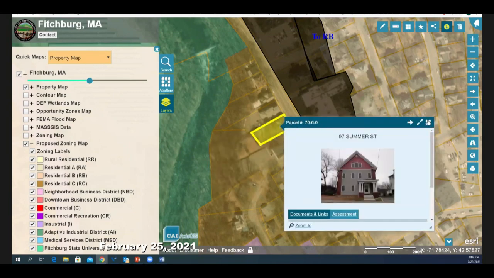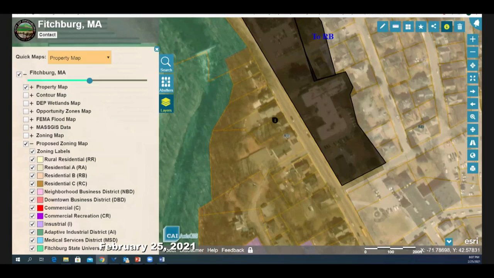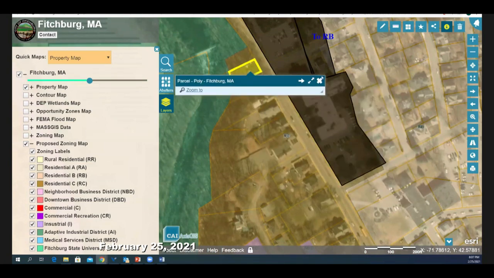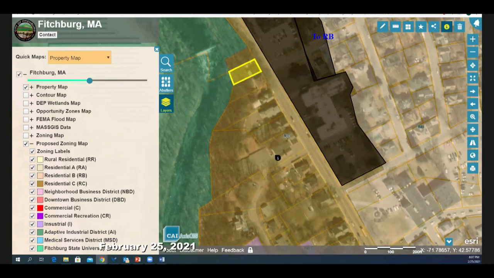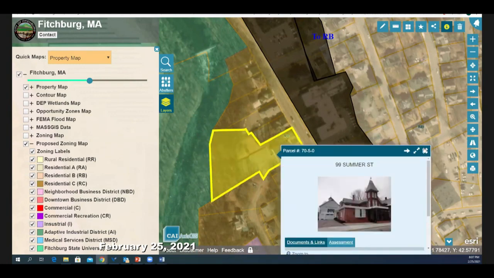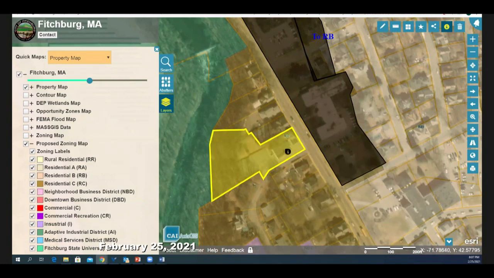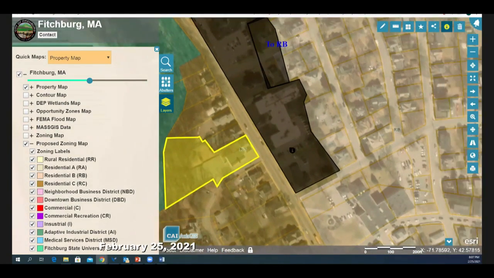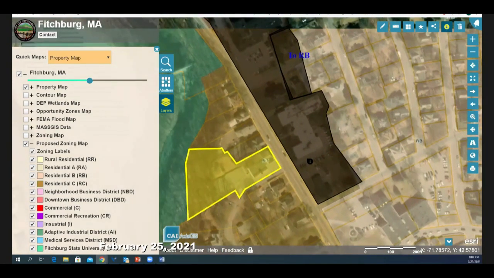Here are the kind of houses around it. You've got more residential, historic homes. So this is one distinction among them, but it's a large, sizable parcel. Yeah, lots of parking, and it's right across the street from the nursing home. I don't know, it makes sense for it to be commercial for me.